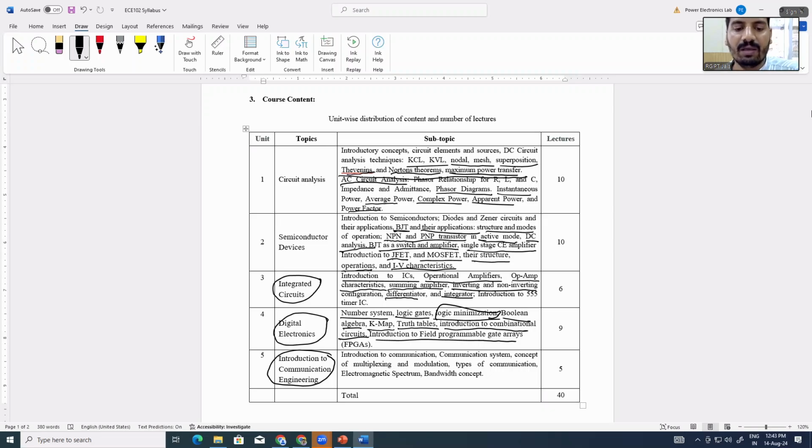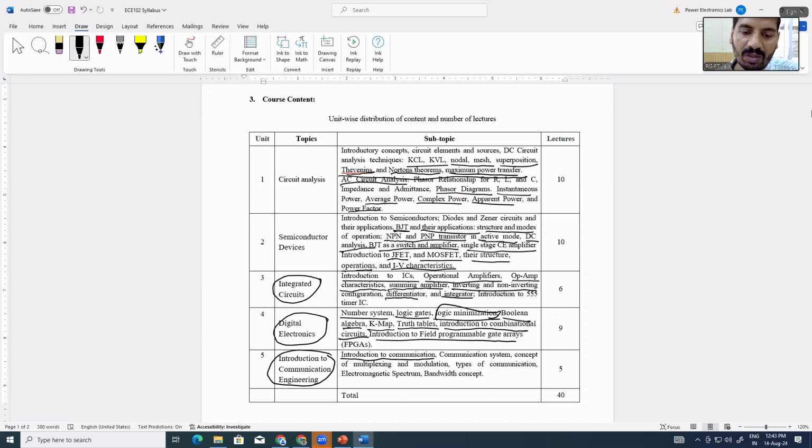So in this first semester course, it is inherently kept in your curriculum for the understanding of communication engineering.